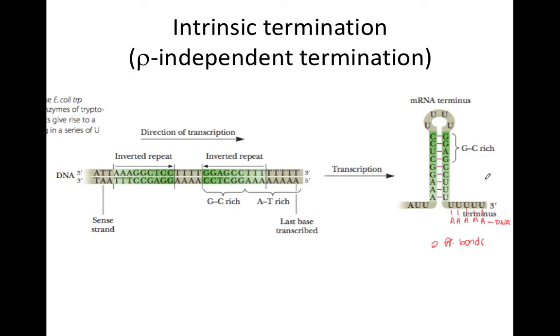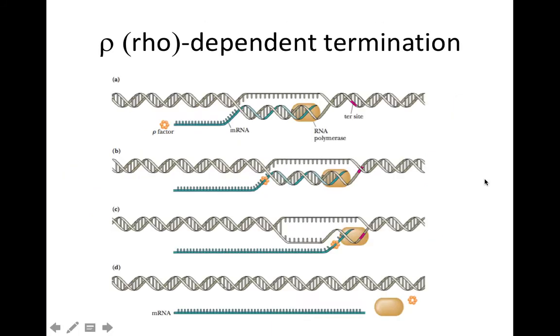So if we have a rho independent termination, we also have a rho dependent termination. So with rho dependent, it involves the rho factor, this donut-looking flower here. So the rho factor facilitates the dissociation of the RNA polymerase and the mRNA from your template DNA, because the rho factor is a cousin of helicase, which, if you will remember, functions in unwinding the DNA in replication.